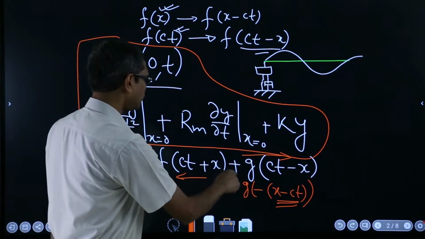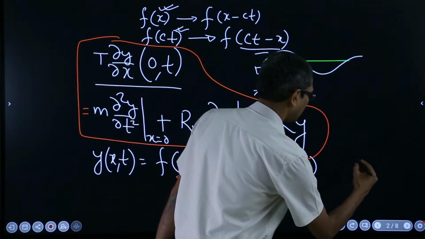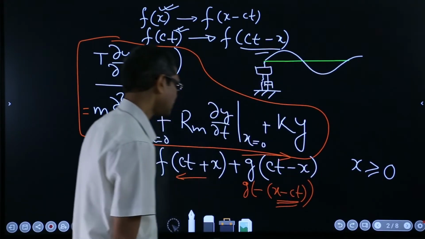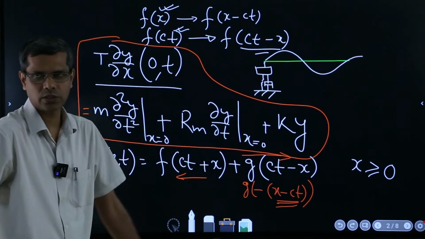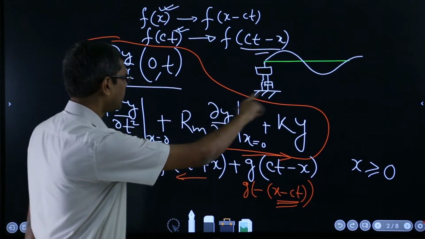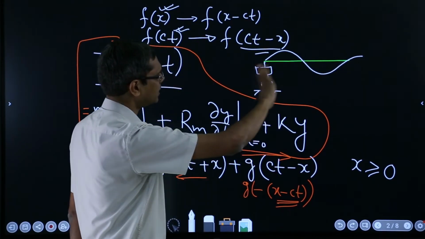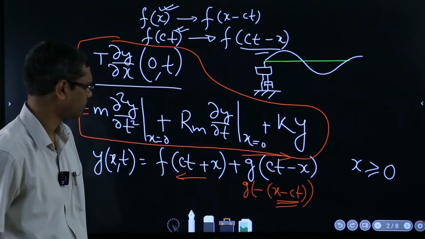Now, this one is valid for x greater than or equal to 0, because on the other side there is no solution, and these two functions will have physical meaning on the right side semi-infinite string.